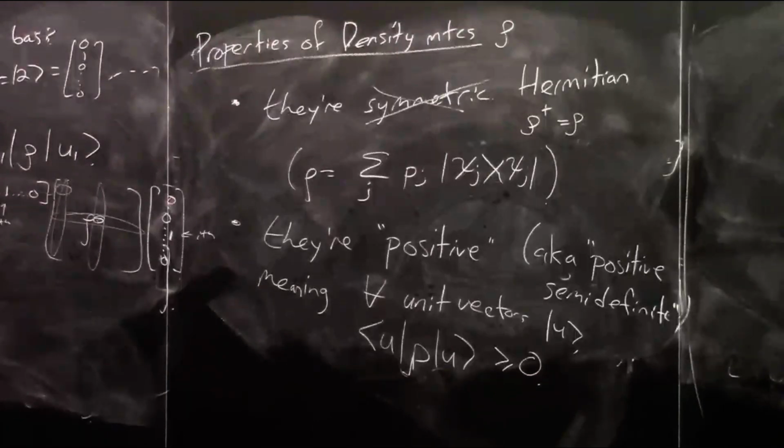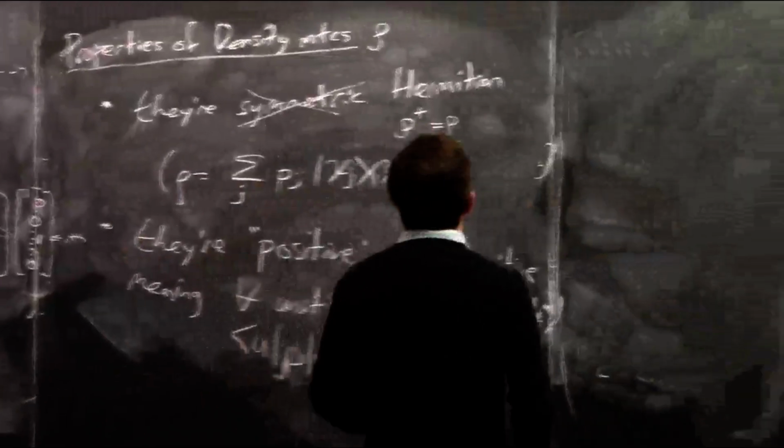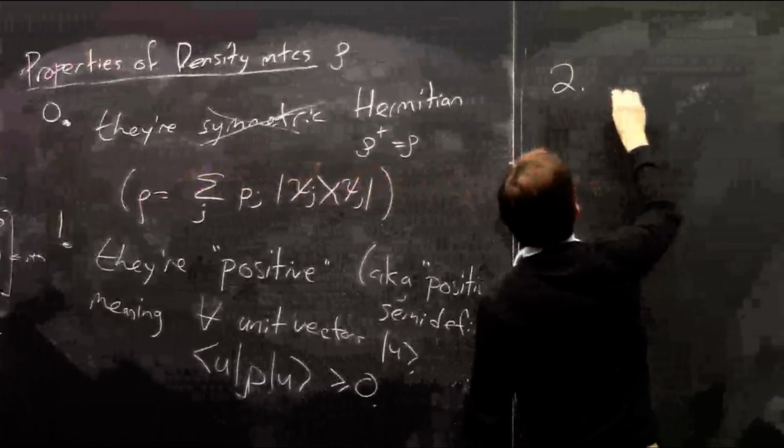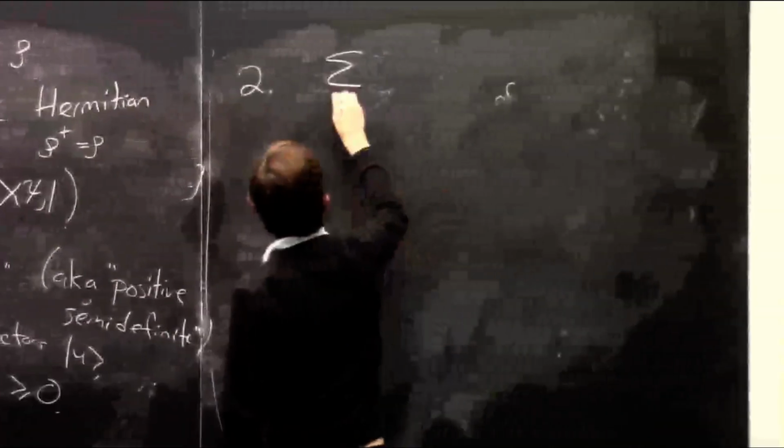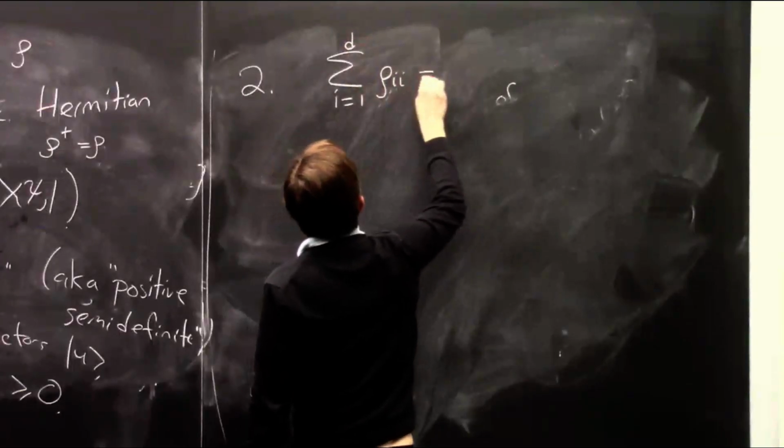Also, there'll be another little punchline when I finish writing them down. And the third property, I also want to call this the 0th property, the first property, and the second property, is this: the sum of these diagonal entries equals 1.